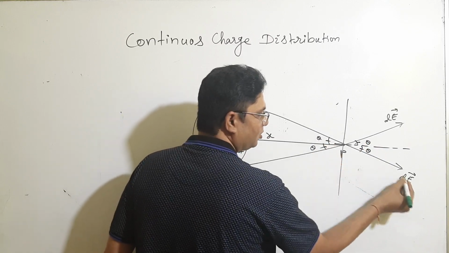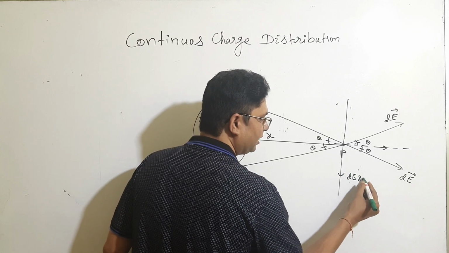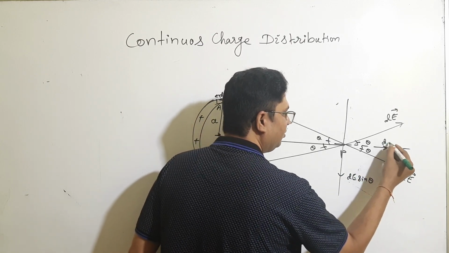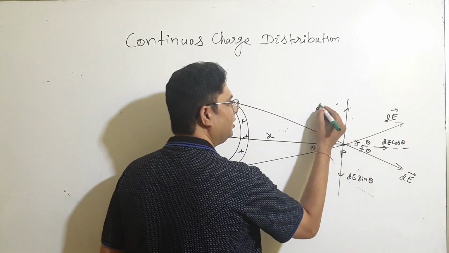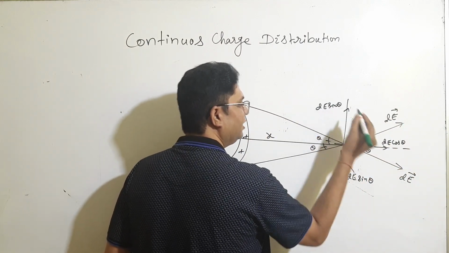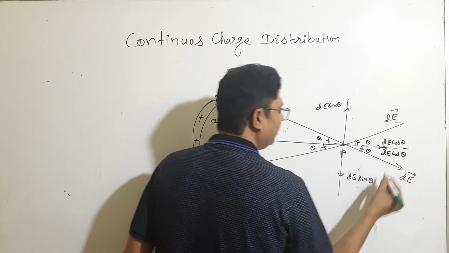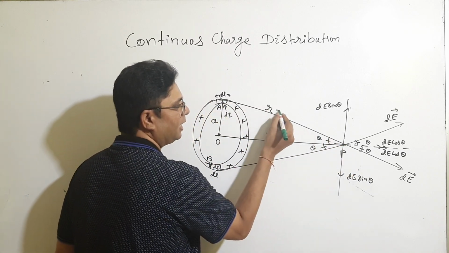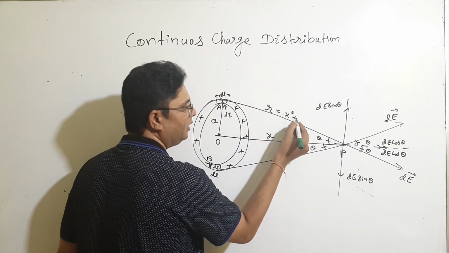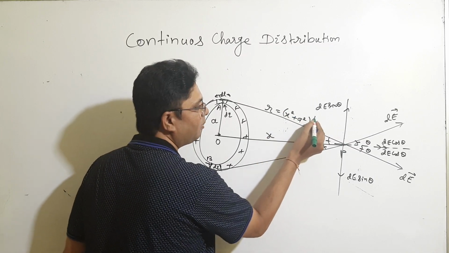So dE is resolved into two components: dE sin theta and dE cos theta. Same for the other dE also. Let the distance from A to P be r, and r is equal to (x square plus a square) whole power half, the square root.